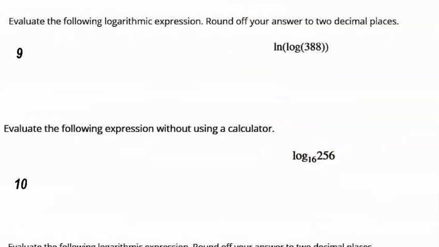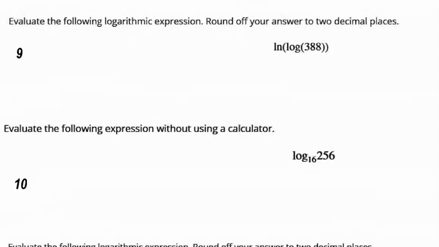In example 9, you're going to use your calculator skill, putting this into your calculator. So natural log, parenthesis comes up, you're going to hit the log button again. Another parenthesis comes up, put in there 388, close the parenthesis, add another parenthesis, and click enter.